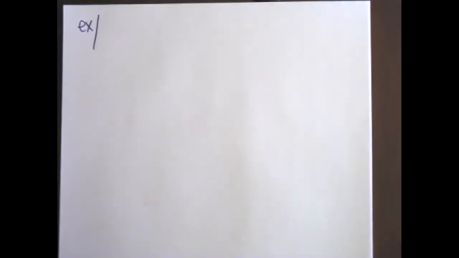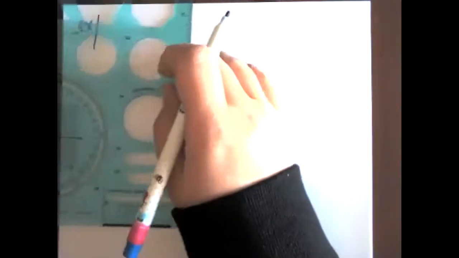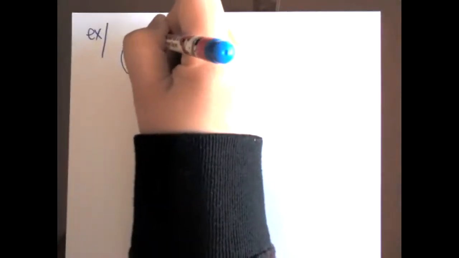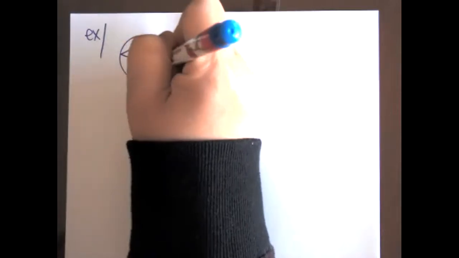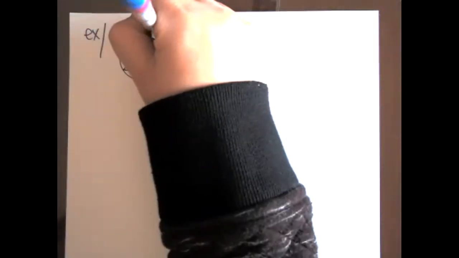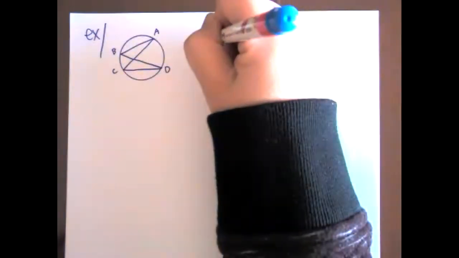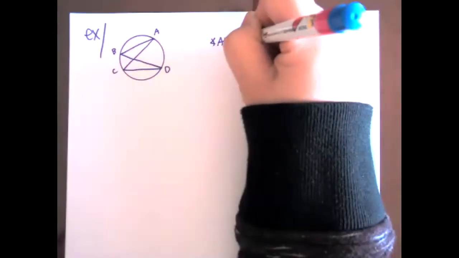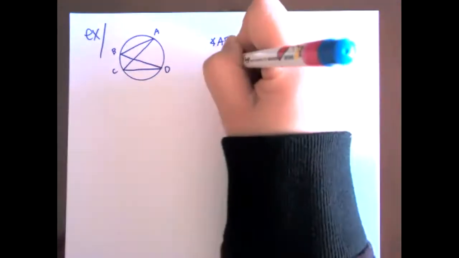Okay, so another example. We have A, B, C, D. Angle ABD is equal to 40 degrees.